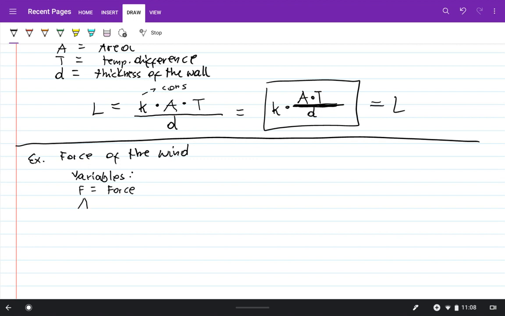We're talking about area. That will be A. And we have V, which represents speed of the wind. And of course, you always have that constant of proportionality.